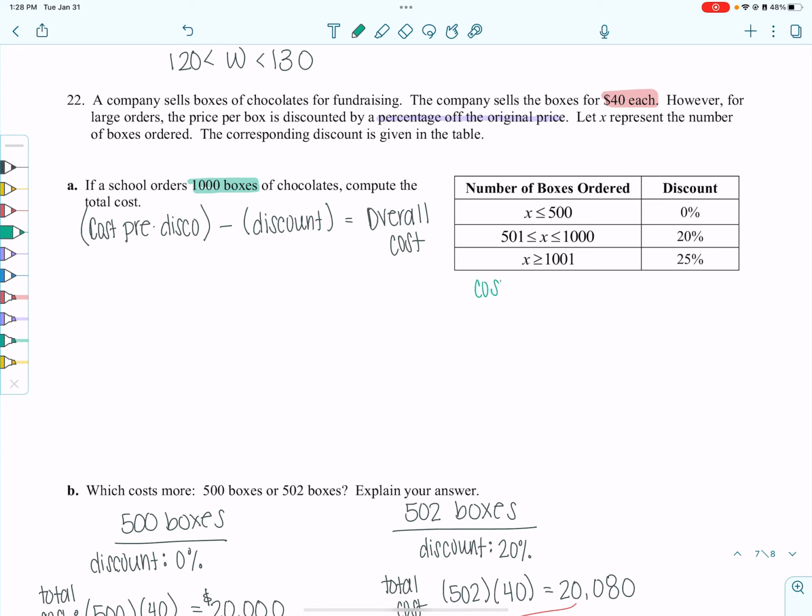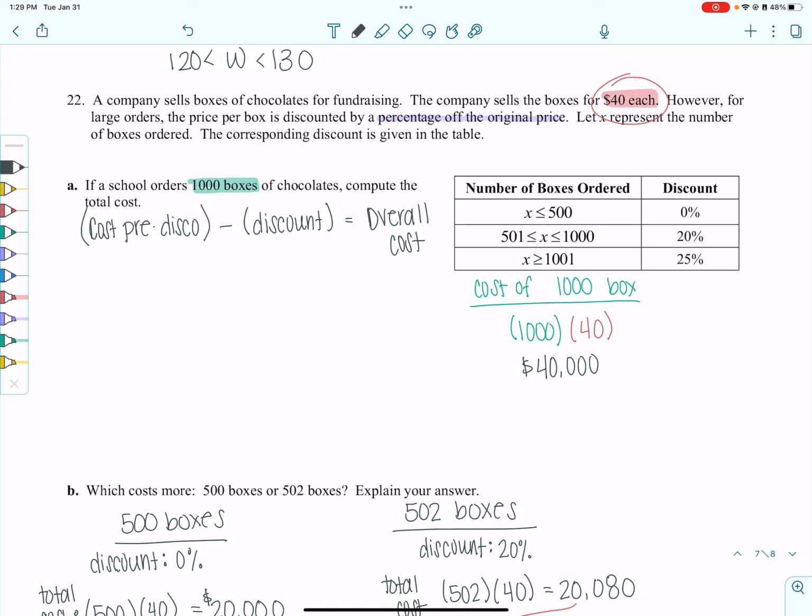The cost of, not $1,000, the cost of 1,000 boxes is going to be 1,000 times the $40 each. When I multiply that, I'm going to get $40,000.